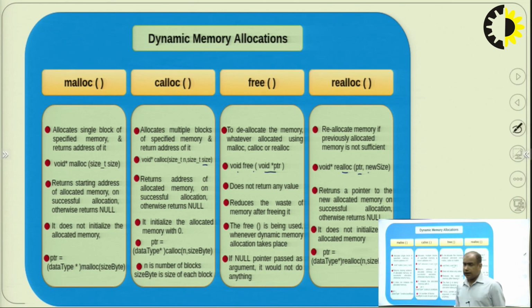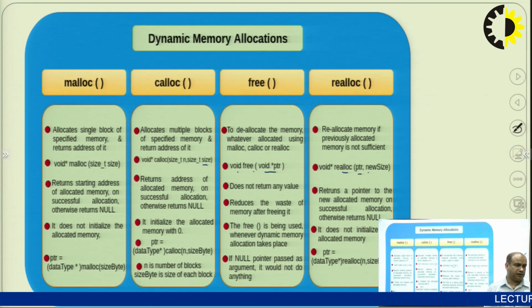Malloc returns the starting address of allocated memory on successful allocation, otherwise it returns null, while calloc returns the address of allocated memory on successful allocation, otherwise null. Free reduces the waste of memory after freeing it, while realloc returns the pointer to the newly allocated memory on successful allocation, otherwise null.